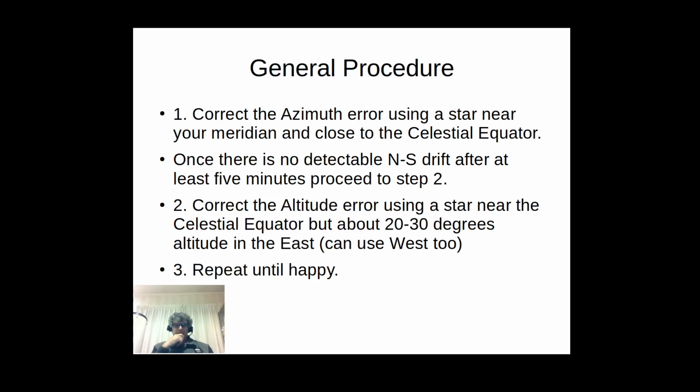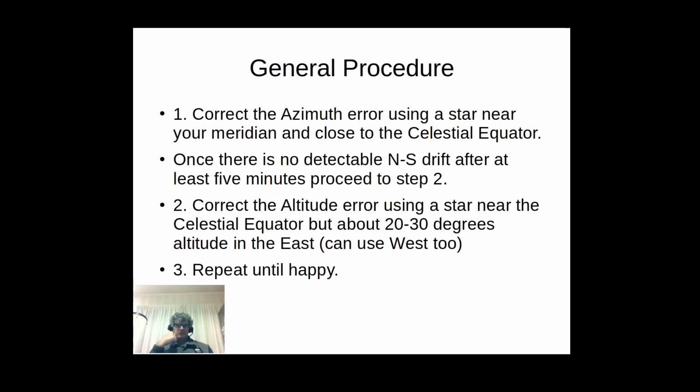So you then correct the altitude error, and to do that, oh sorry, I didn't explain one thing with the azimuth. You pick a star that's near the meridian, so either recently crossed or about to cross the meridian, fairly close.